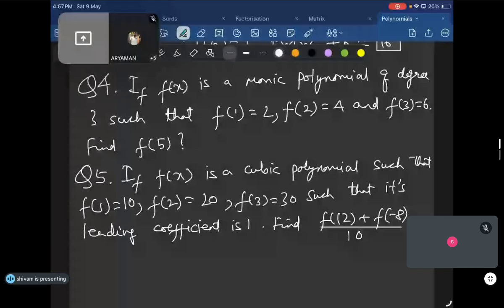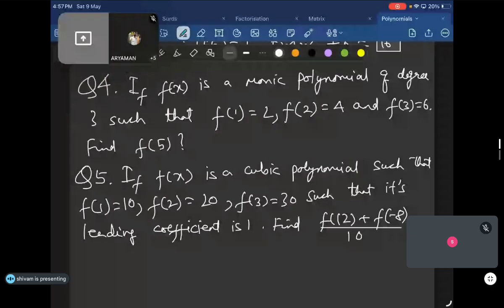Yes, Shamanyu, number 4 is correct. Okay, I'm solving number 4. Yes, Ariman, 4 is correct.